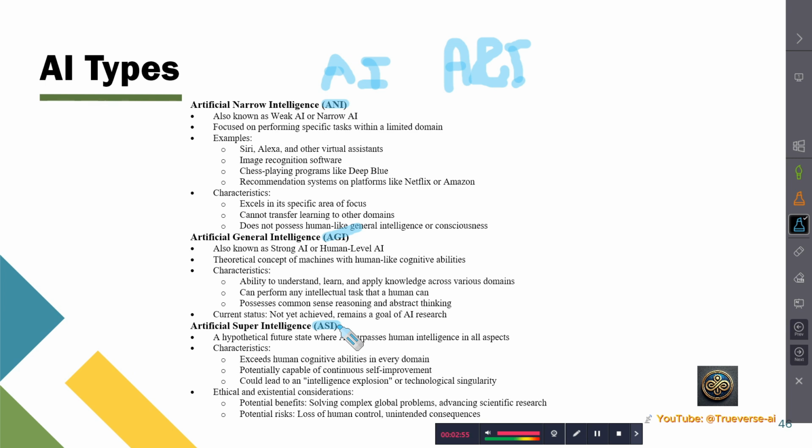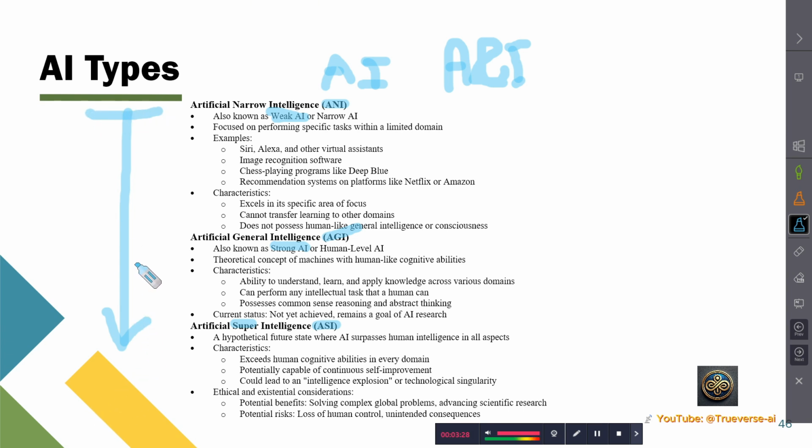Simply, ANI is artificial narrow intelligence, or sometimes called weak AI. The next is stronger AI, and the last is super AI. Very simply, the intelligence gradually increases.